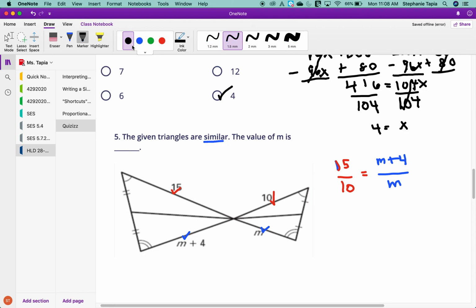And then it's just cross multiplication. So 15m is equal to 10m plus 40.